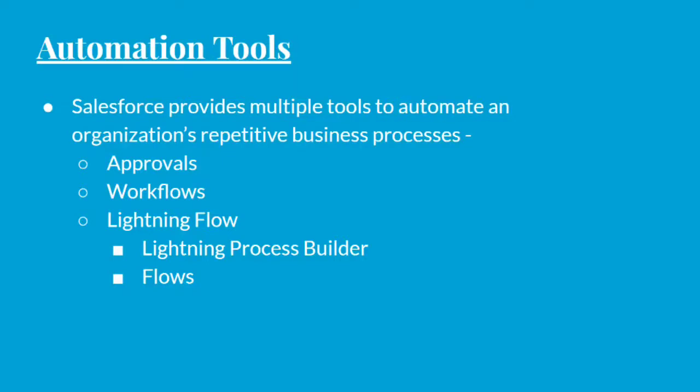These are the four main automation tools provided by Salesforce that give you flexibility to automate any kind of business process in your organization. Most of the processes you can cover with the help of these point and click solutions, and you need not do any kind of development or rigorous coding to achieve these automations.